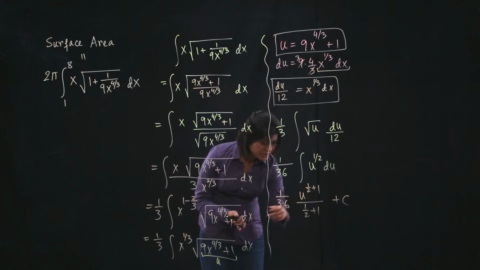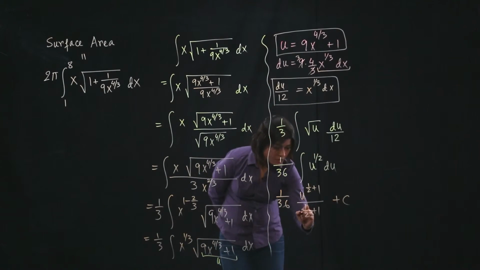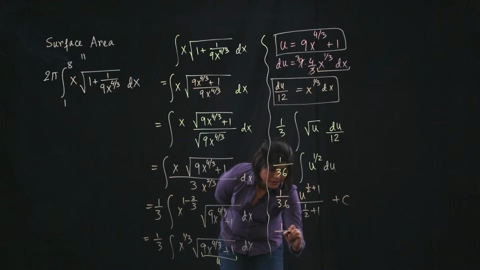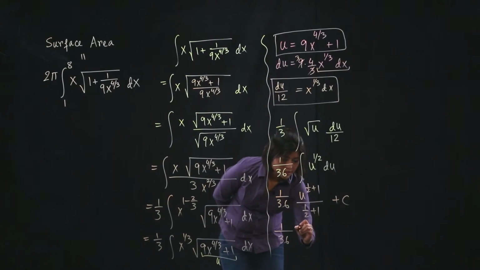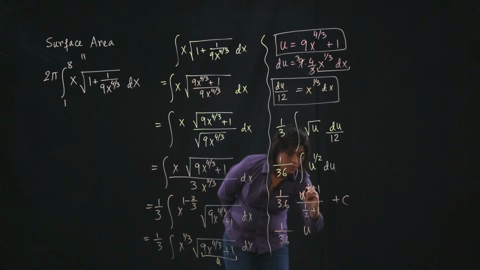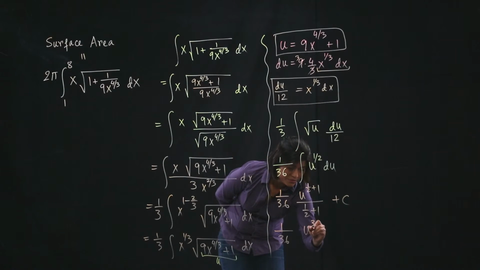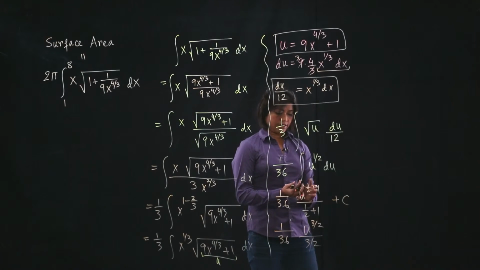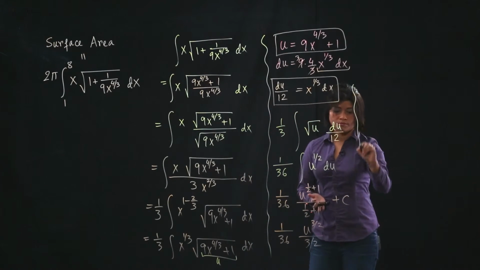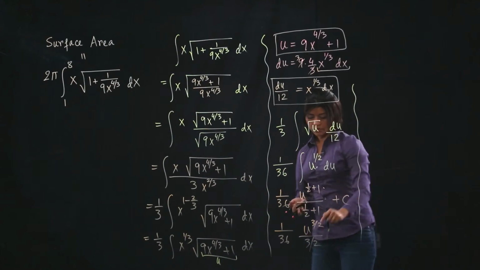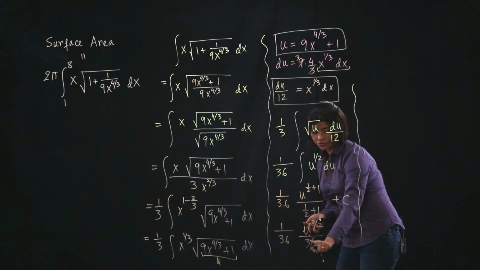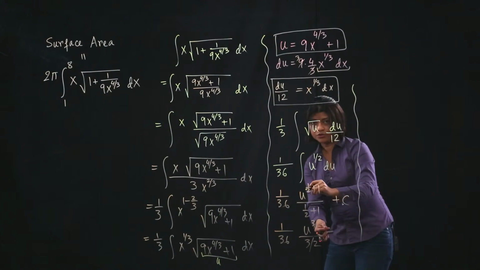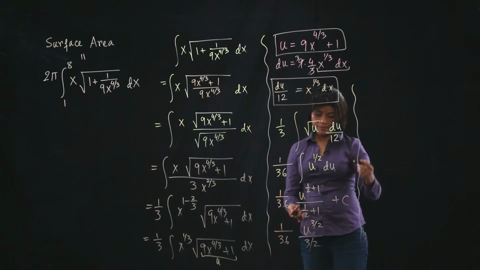But let's figure out what these constants are going to be. So we have 1 over 36 and u to the power 1/2 plus 1, that's 3/2, divided by 3/2. And then, since you have a fraction 3/2 in the denominator, you can bring it in the numerator and flip it.